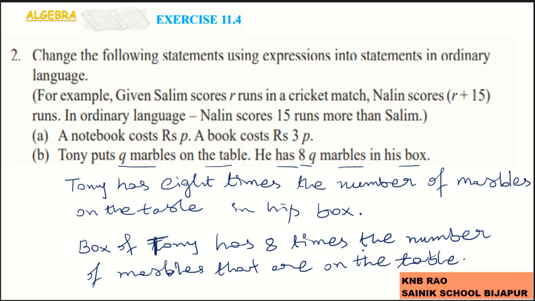So, this way also we can express. Telling the same mathematical form in an ordinary language statement is very language oriented. The one who has a bit of good language will feel comfortable writing that simple sentence.